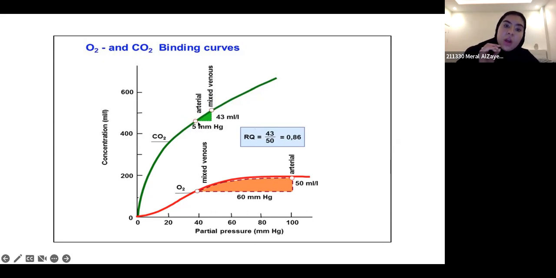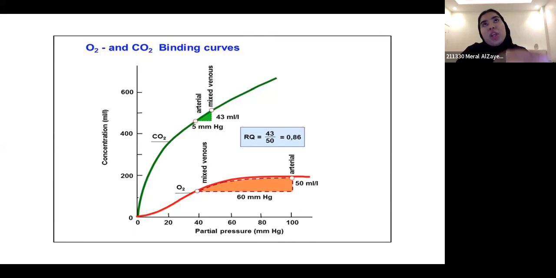Obviously, the 60 is way larger than the 5, okay? The difference in oxygen compared to carbon dioxide is a lot more, and this is why any minimal change in carbon dioxide will not have an effect.